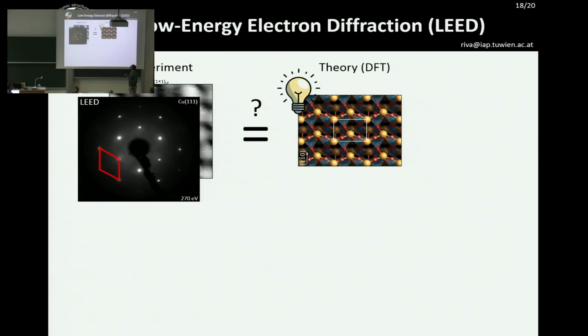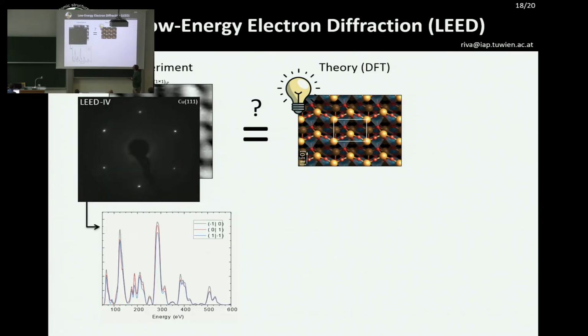Turns out that there is actually a lot of information that we are wasting when we do LEED, in the intensities of these spots and in the way these intensities change with energy, because these carry information about where each and every single atom sits, what its chemical nature is, and what its vibrations are.